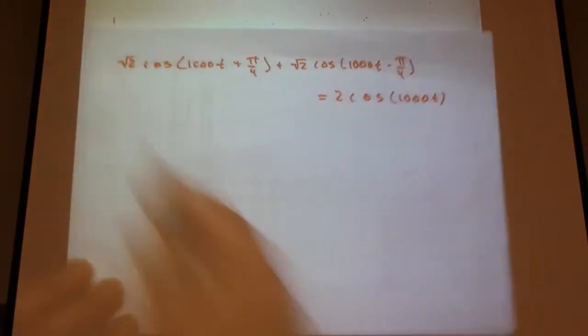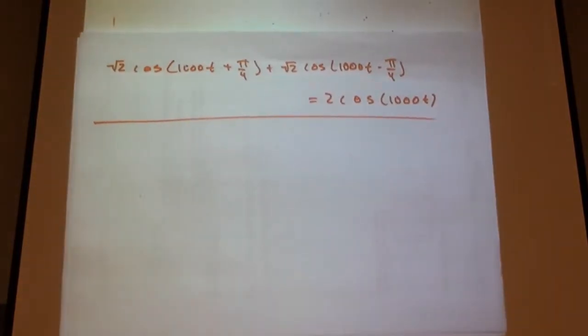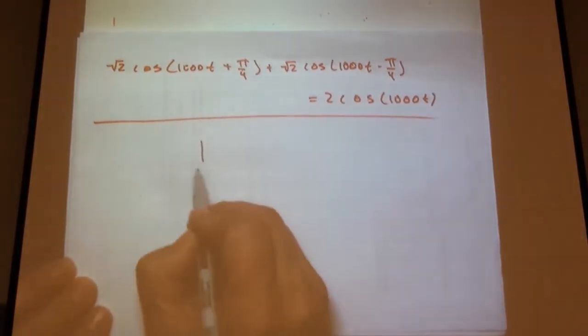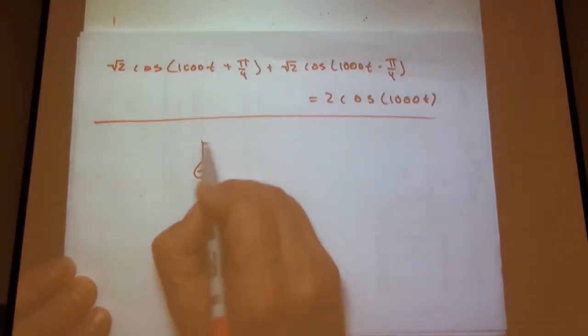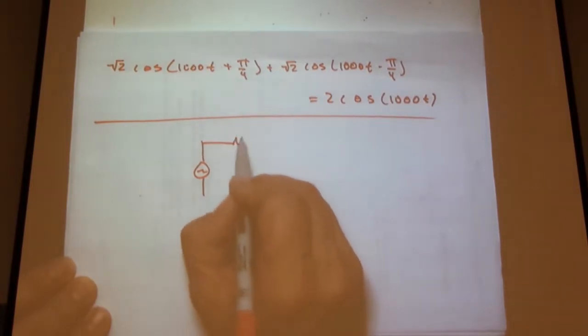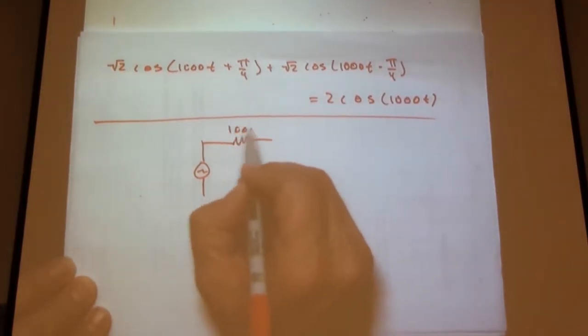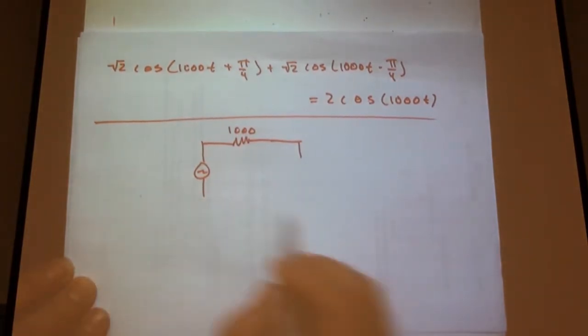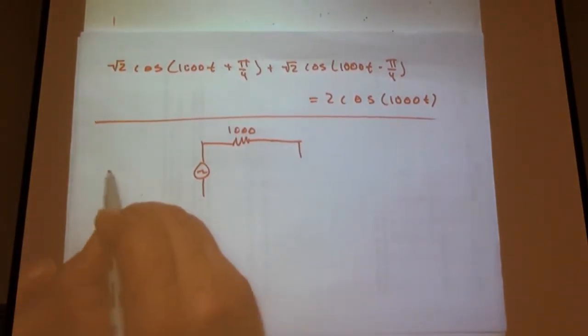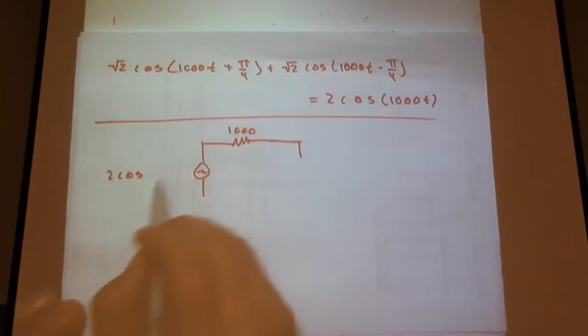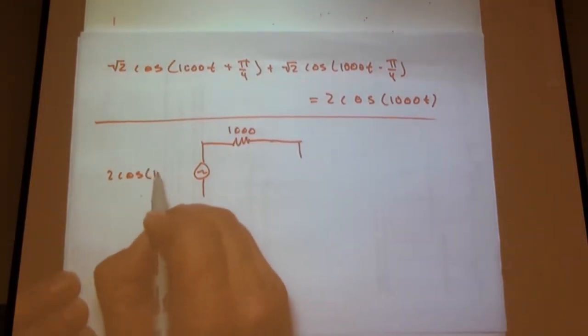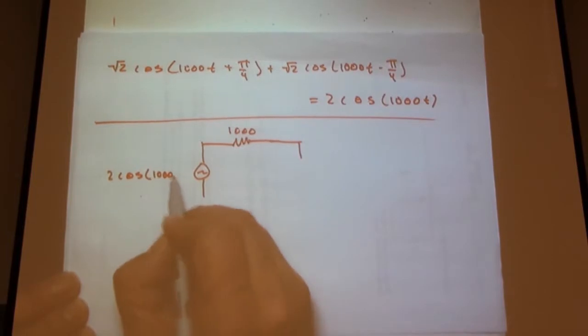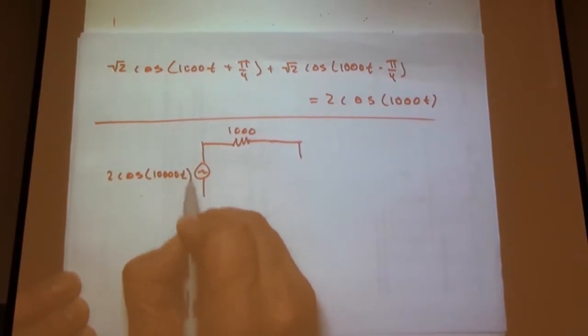Well, we kind of repeat the process in the next part of the problem. We visited the same circuit. Gotta be a little bit careful: 2 cosine 10,000t now.